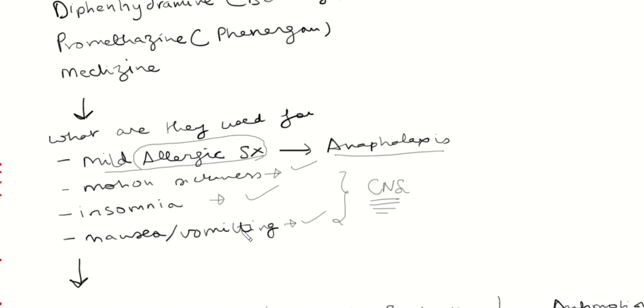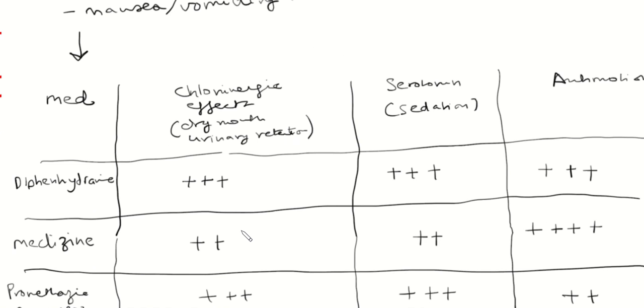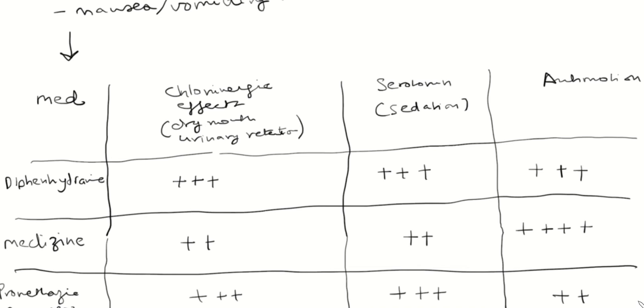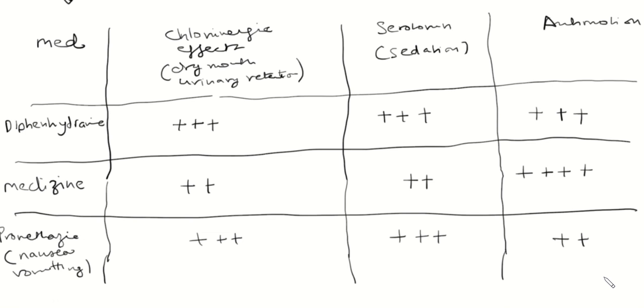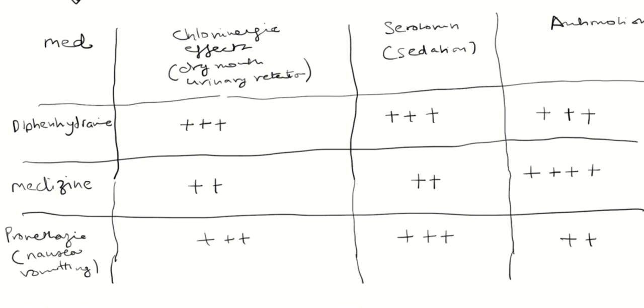Okay, let's take a look at a nice chart which actually really helps me when I'm studying these drugs. I think it'll help you as well. Okay. Let's just center this just a bit, okay? So essentially, these are the meds. So I have the diphenhydramine, Benadryl, meclizine, and promethazine, okay? Again, all these drugs, first generation H1 receptor blockers, have an anticholinergic effect, okay?